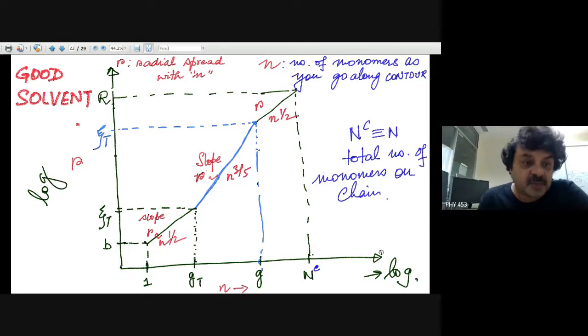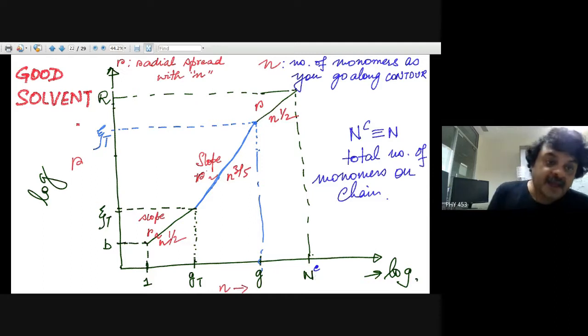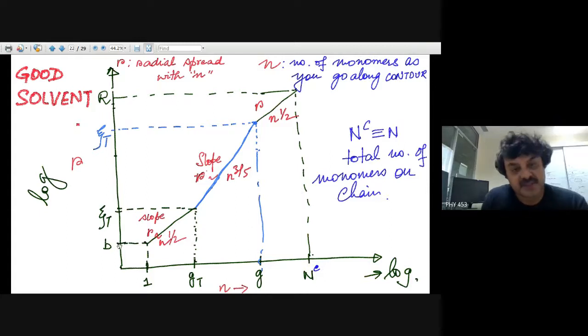So if you had to plot in the log scale again, the number of monomers, as you go along the contour, is constantly increasing: g_T, the thermal blob, g, the correlation blob, and N_c, which is the total number of monomers in a chain. And on the y-axis, this is one monomer length scale. And then this is the thermal blob length scale.